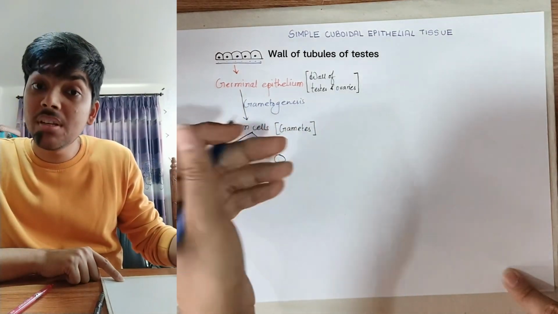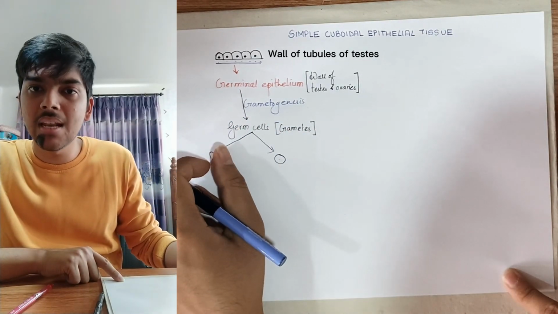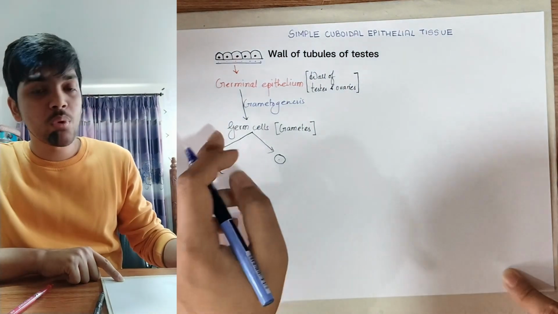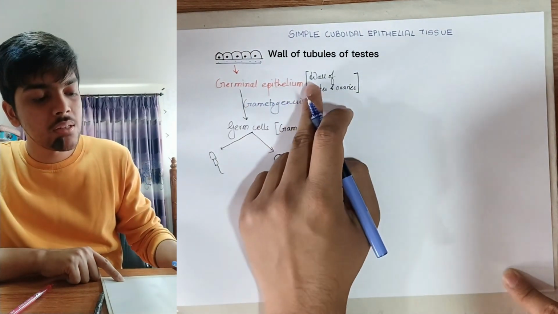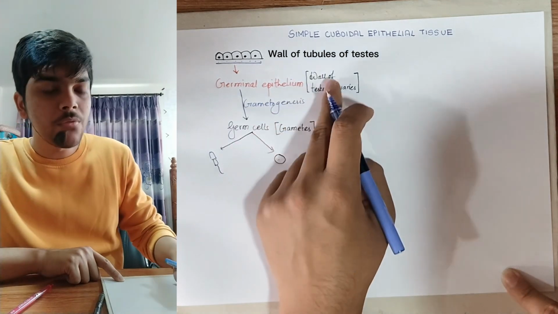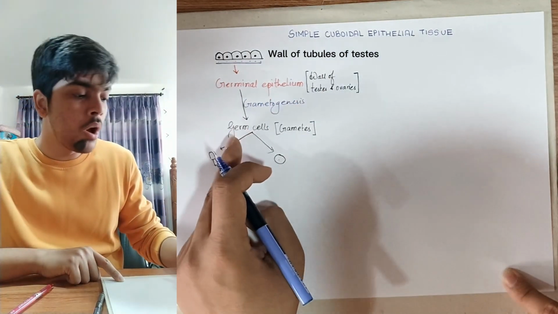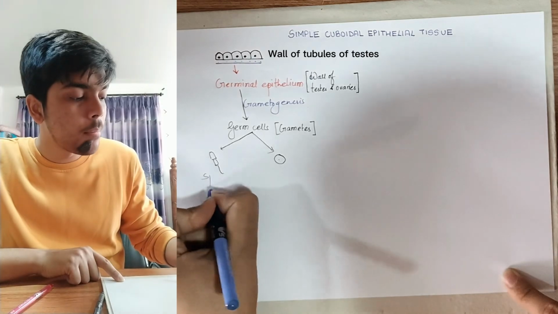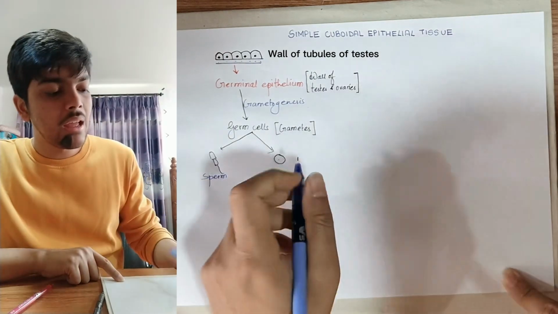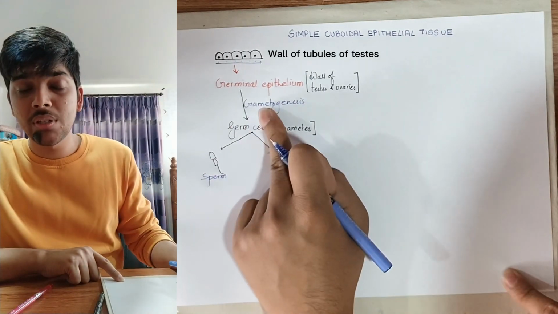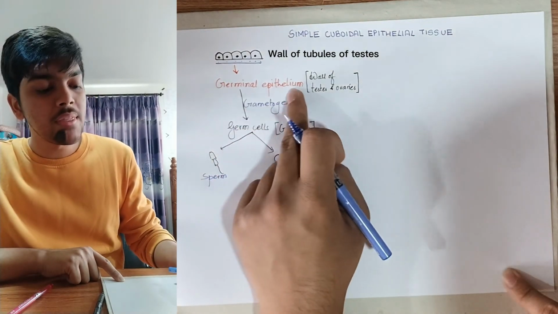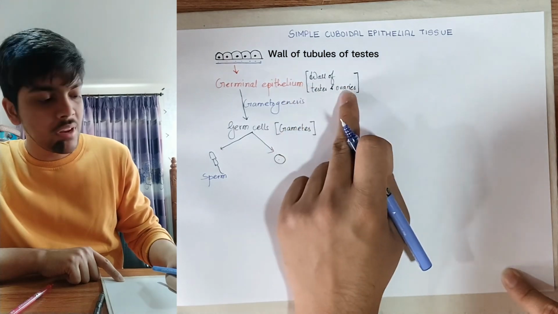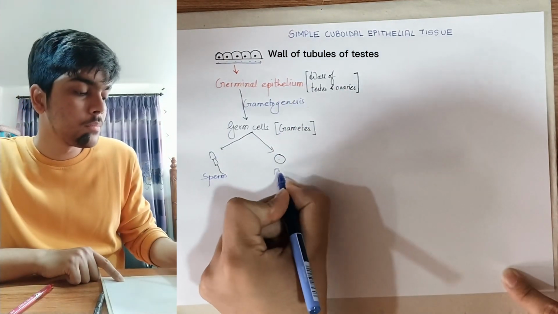Gameto means gamete and genesis means generation. So, through the process of gametogenesis, germinal epithelium forming the wall of testes gives rise to germ cells, that is sperm. And through gametogenesis, by the formation of gamete from germinal epithelium of ovary, egg is formed.